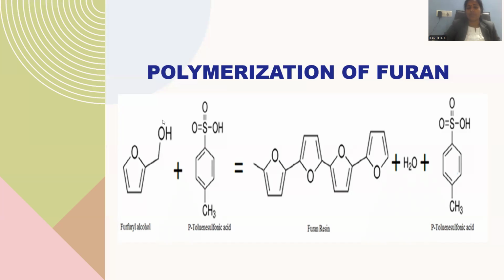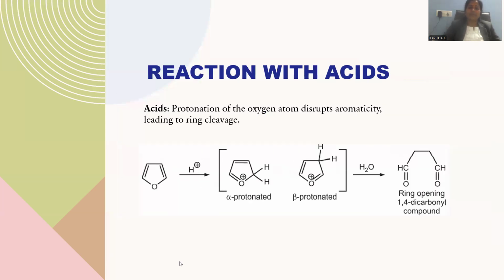We are able to remove this hydroxyl in the form of water, able to condense the molecule in such a manner. So furan resin will be generated. It is a kind of polymeric chain. Long length furan molecules are linked by the elimination of water by condensation. And paratoluene sulfonic acid is regenerated because it is working like a catalyst. Its role is the catalytic one, right? This is the way polymerization proceeds.